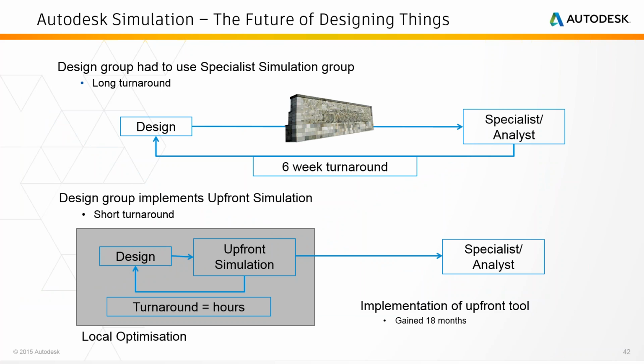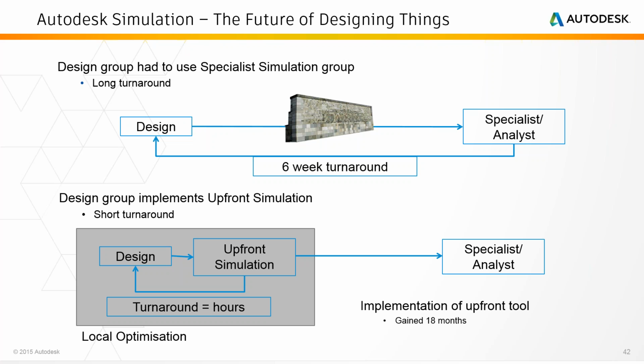So on top, we see a lot of companies doing their design, they're thrown over the wall maybe to an internal specialist, analyst to look at, or it could be outsourced to an FEA agency, or there could be prototypes made for physical testing.